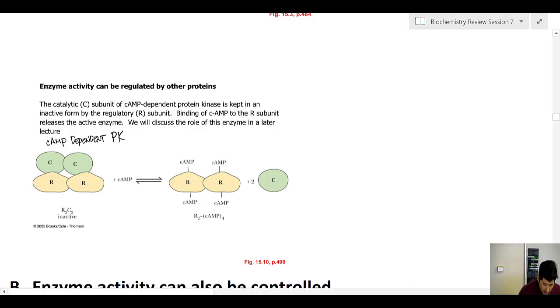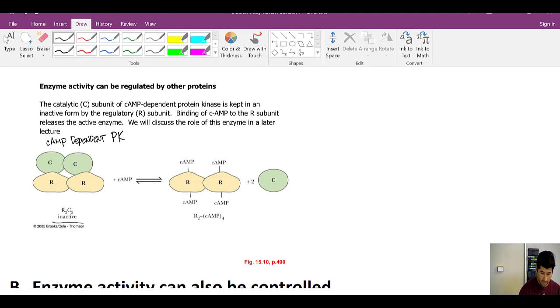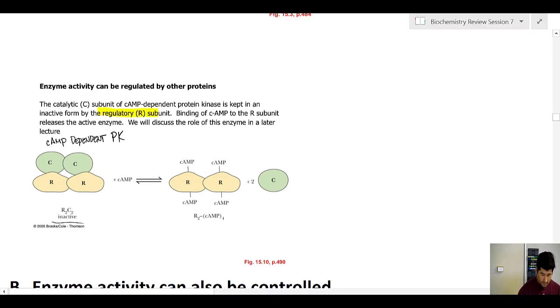So look at this. This enzyme right here, is it active or inactive? The enzyme to the left. It's inactive, and check this out. These are subunits. These are regulatory subunits. When this enzyme has its regulatory subunits, it is inactive.